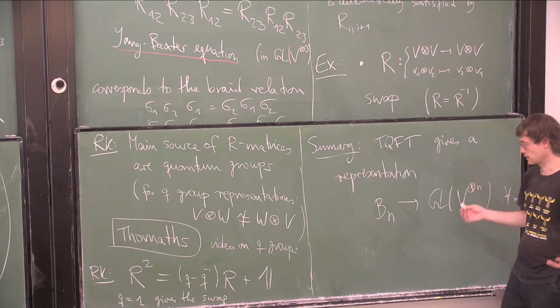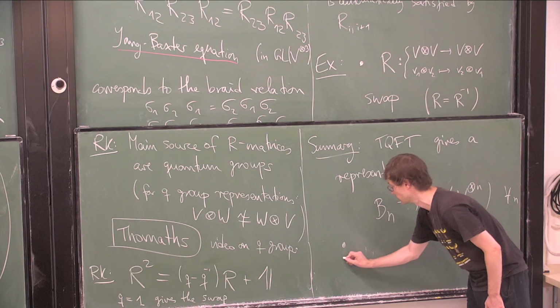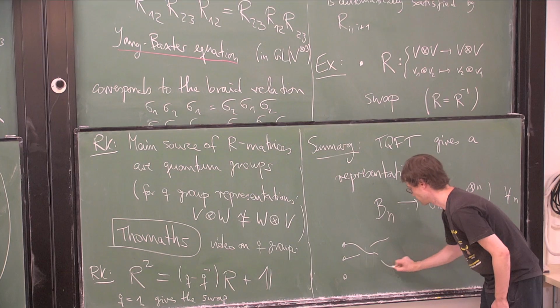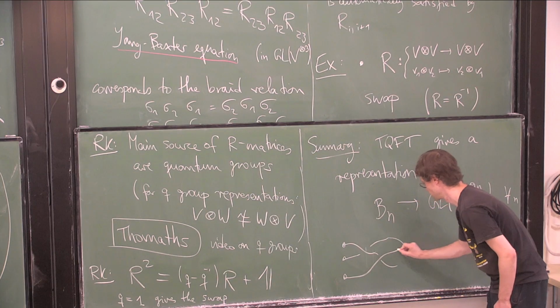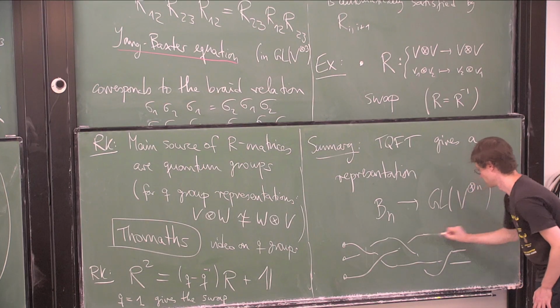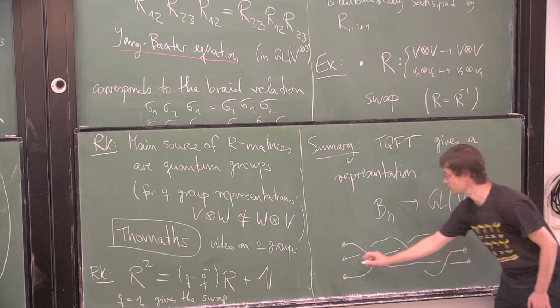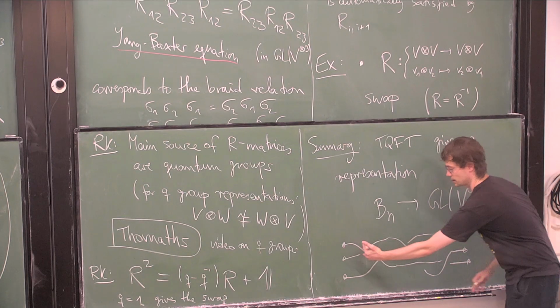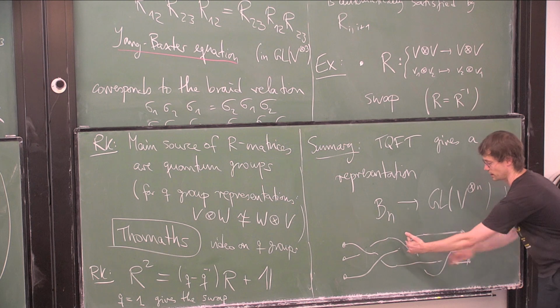And the idea is exactly what we've done all the time. You take your braid, very complicated, and the associated map is exactly this kind of scan. You see R here, an R inverse there, an R here, and so on.